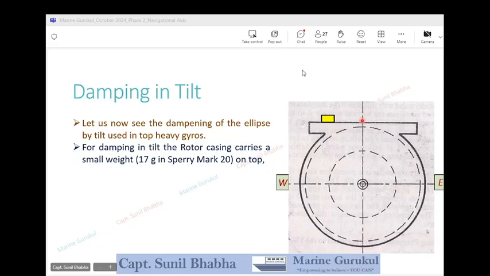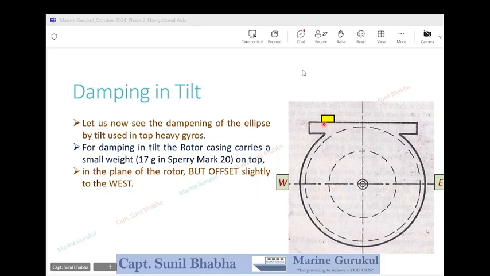In fact, that weight to be specific is about 680 grams, and this weight which we are placing now, highlighted in yellow color, is much smaller and weighs only 17 grams. So the rotor casing carries this small weight, 17 grams, on top.